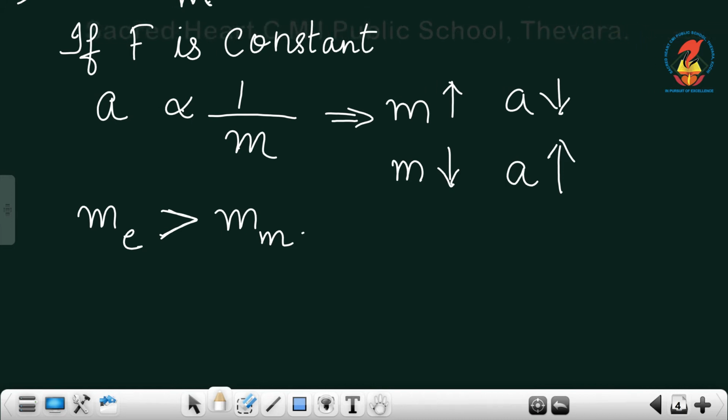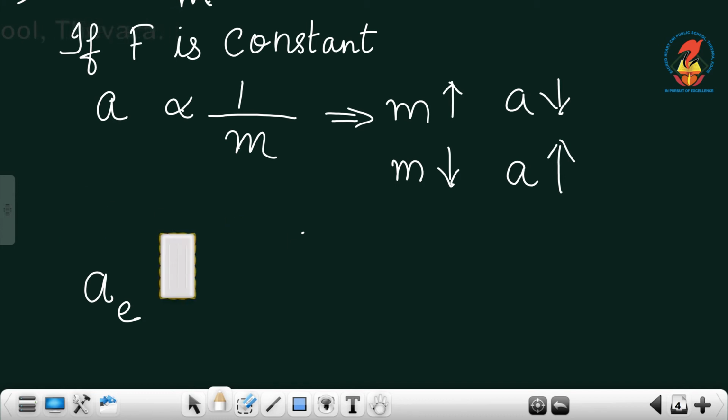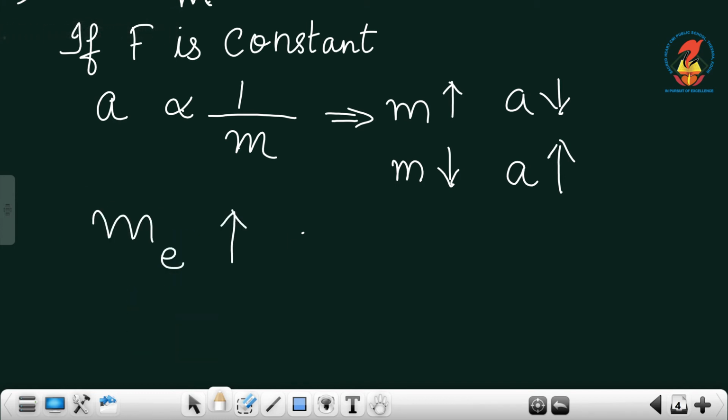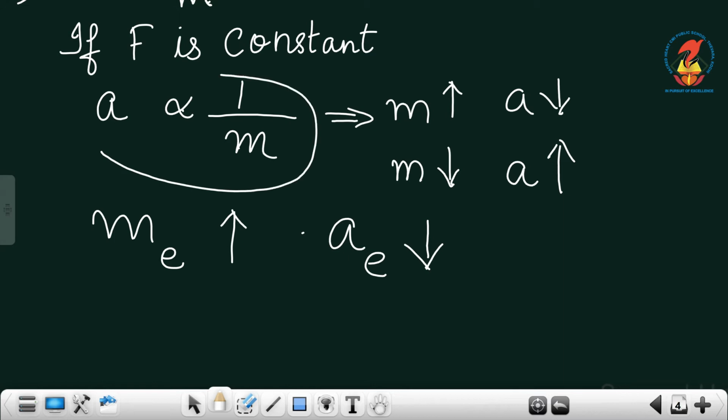So, what about its acceleration? Since the mass of the earth is too large, the acceleration of the earth will be less according to Newton's second law.